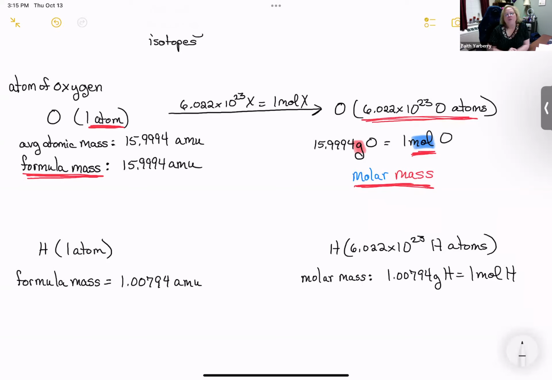So in other words, if we talk about an entire Avogadro's number worth of hydrogen, then we get 1.00794 grams of it.